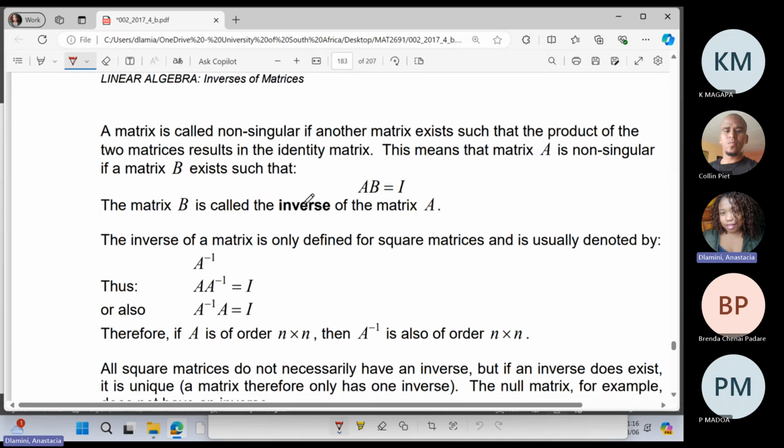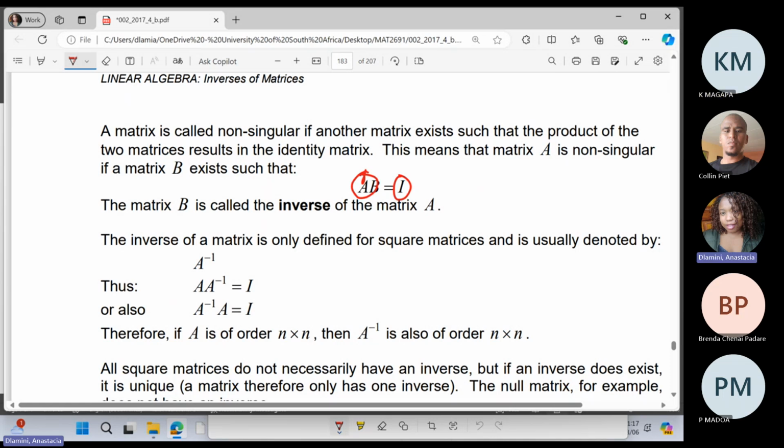A matrix is called non-singular if another matrix exists such that the product of the two matrices results in an identity. So A is non-singular if there's a B such that when you multiply them, you get an identity. You'll come across the non-singular term as soon as you start working with real data that you have to put in the form of matrices.